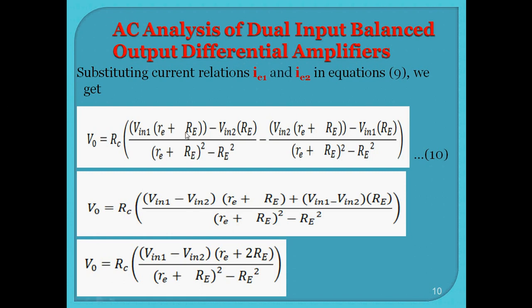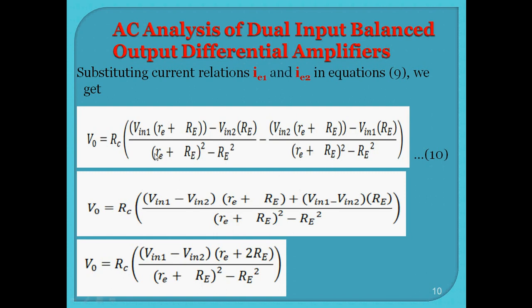When we take this common, V in 1 is the coefficient which is positive, minus V in 2 is the other coefficient. Similarly, capital RE is again common here, so this negative sign and this negative sign will make it positive. So when we take capital RE common, the equation remaining is V in 1 minus V in 2, and the denominator is as it is.